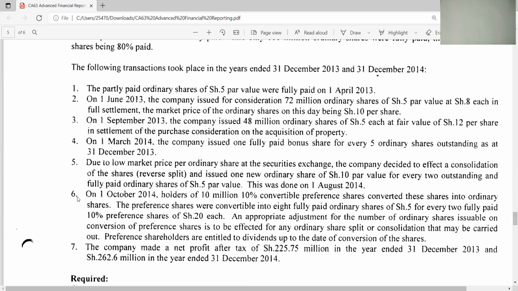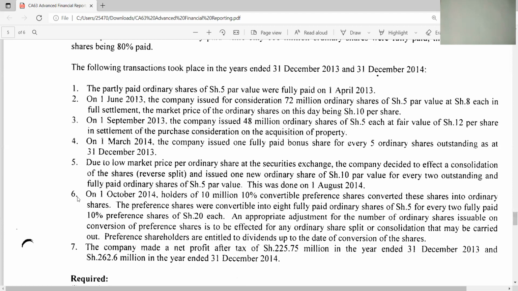Number 6, on 1st October 2014, holders of 10 million, 10% convertible preference shares converted these shares into ordinary shares. The preference shares were convertible into 8 fully paid ordinary shares of shillings 5 for every 2 fully paid 10% preference shares of shillings 20 each.